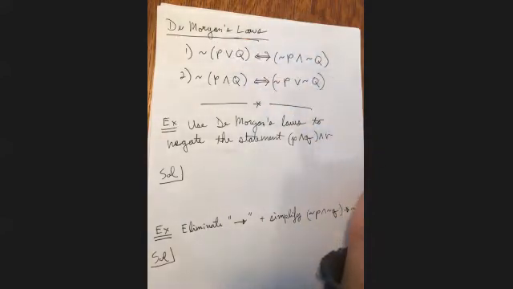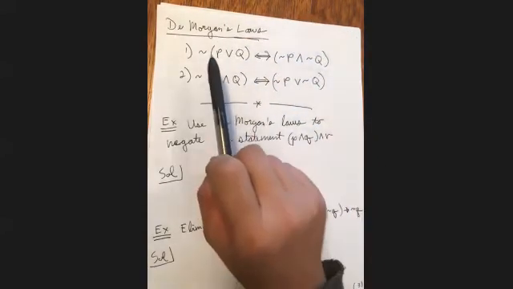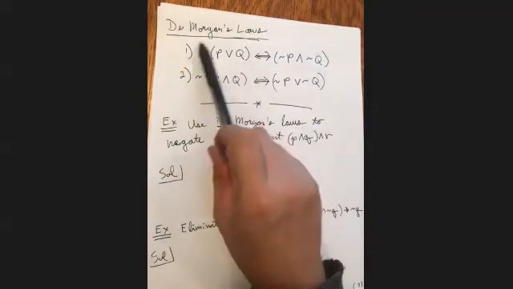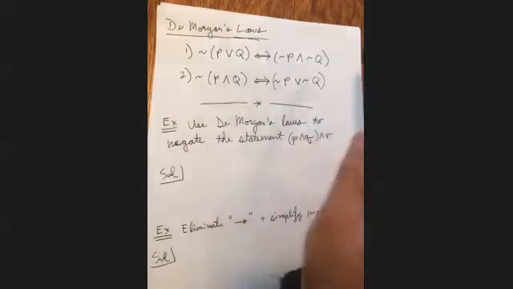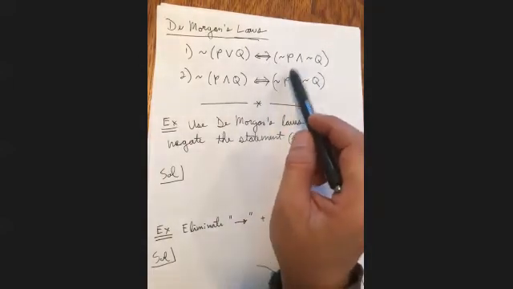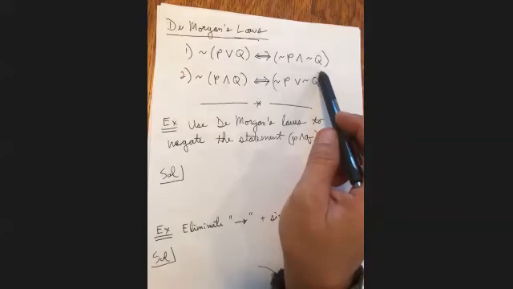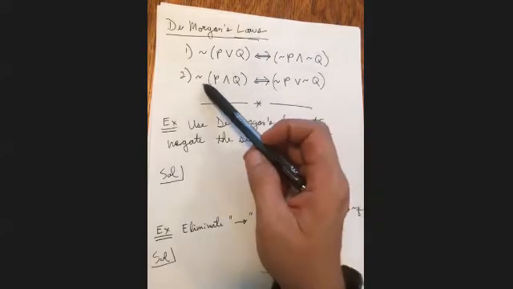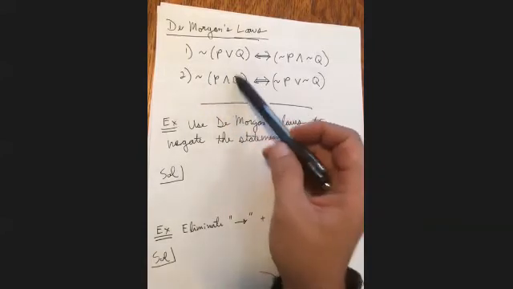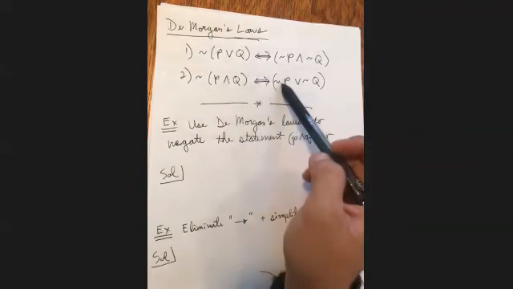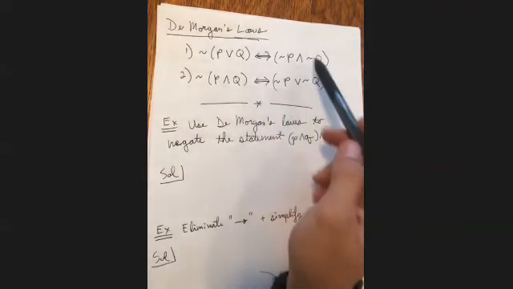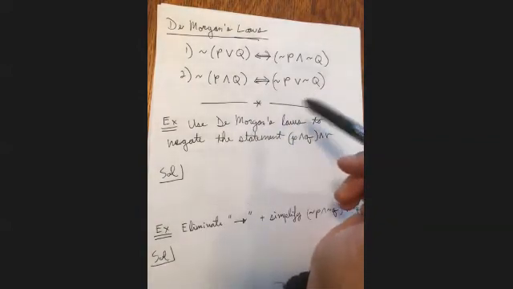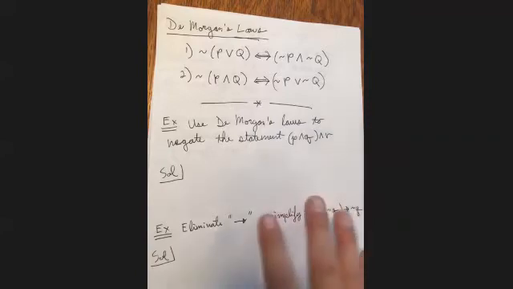So what are De Morgan's laws in the logical context? If we have a statement like P or Q and we negate it, then the negation of P or Q is logically equivalent to the statement not P and not Q. Conversely, we could negate the statement P and Q as opposed to P or Q, and this is logically equivalent to not P or not Q. Okay, so there's something very simple at play in these laws, and we'll see it with the example.